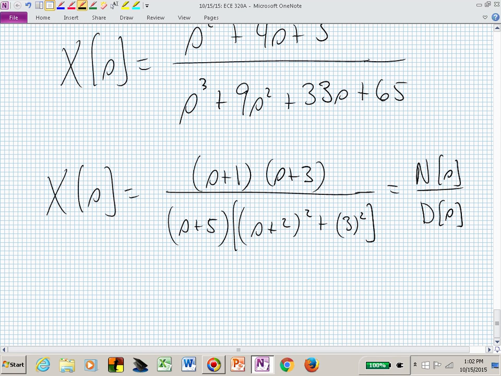Where are the roots of that complex factor? Minus 2 plus and minus j3. So what does the 3 give you? It gives you the shaking. It gives you the frequency of 3 radians per second. And what does the minus 2 give you? That's the e to the minus 2.